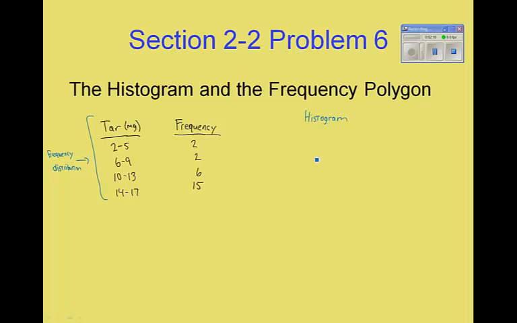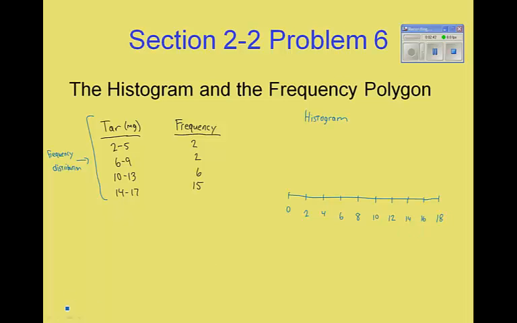That was something you guys had to do. So let's see. I guess I would do it this way. I would put some numbers down, and let's say here's 0, 2, 4, 6, 8, 10, 12, 14, 16, 18. Okay.